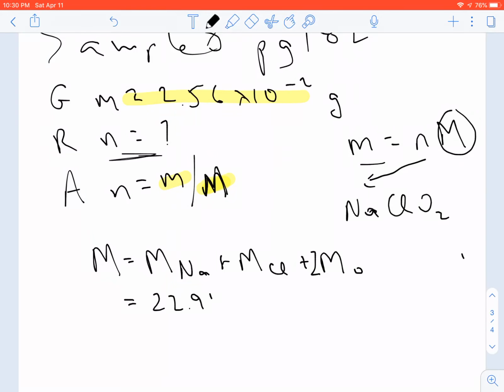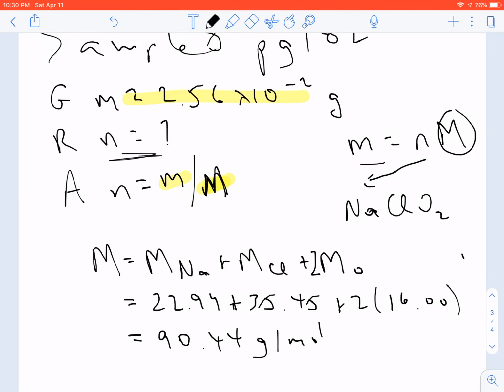Molar mass for chlorine, 35.45. And 2 molar masses for oxygen. Oxygen is 16.00. And I get a molar mass of 90.44 grams per mole. So now I know my big M for the formula up here.